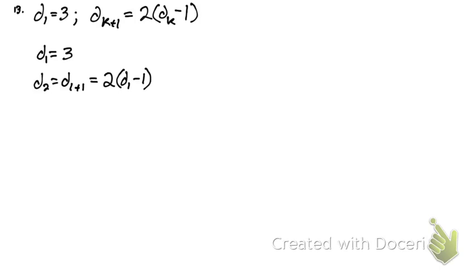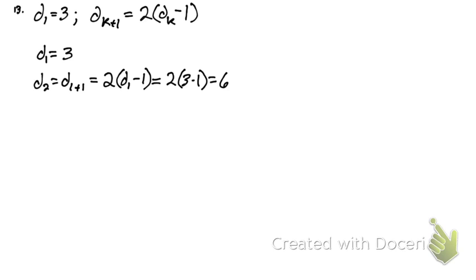It was the term before it. d sub 1 is right before it. It is 1 less than k. So in this case, we would have 2 times d sub 1, which is 3, minus 1, which would just equal 6.